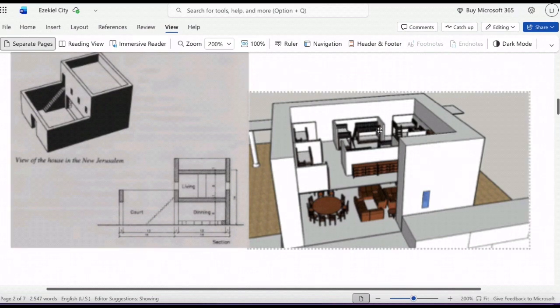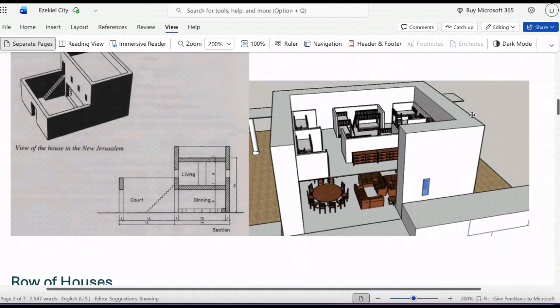So very, very similar. Slight differences you could see in the thickness of the wall. Their wall is not as thick. We went with the same thickness of the wall throughout the other buildings, and the same windows.